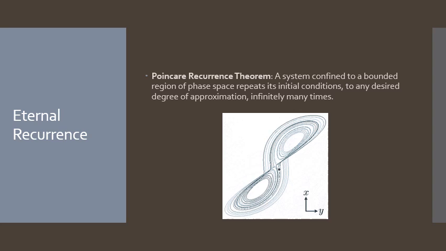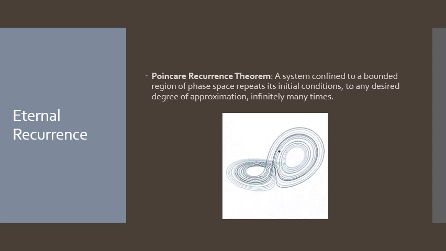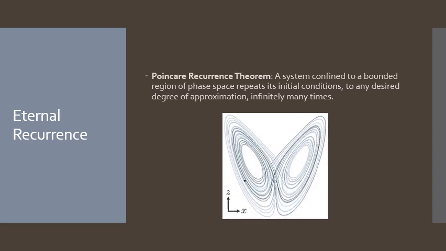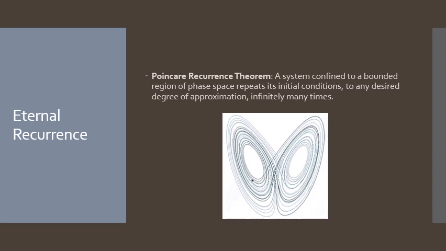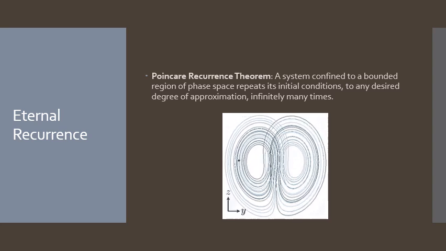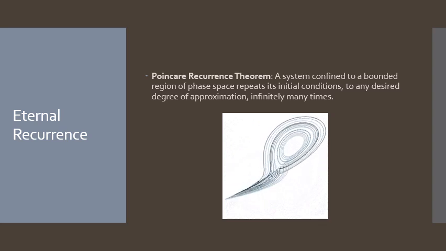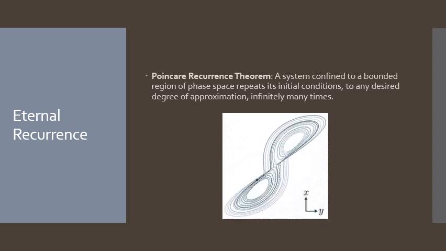So the Poincaré recurrence theorem says if you have a physical system that's confined to a bounded region of phase space, then it's going to repeat its initial conditions to any desired degree of approximation infinitely many times. Now, this condition that you're confined to a bounded region of phase space is non-trivial, but that would be true if you're limited to a limited region of physical space and you have a fixed total energy, right?